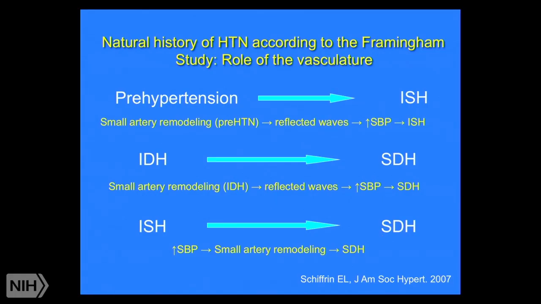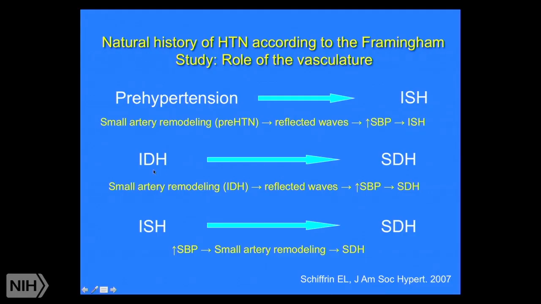And our interpretation was that the presence of small artery remodeling in pre-hypertensive individuals, through reflected waves that increase systolic blood pressure and contribute to stiffening of the conduit vessels of the aorta, resulted in isolated systolic hypertension.